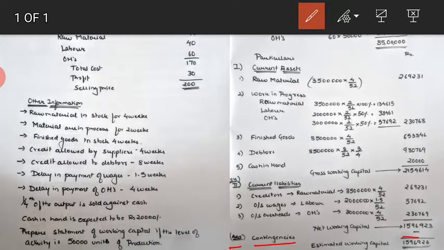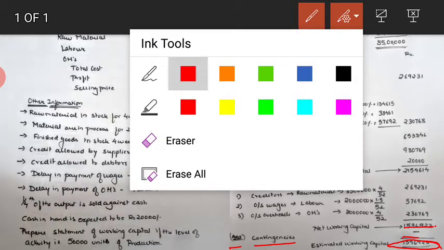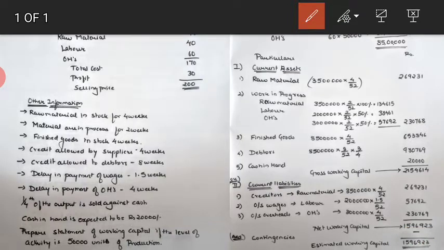We do not have any contingencies. So whatever is your net working capital becomes your estimated working capital. So your estimated working capital is 15,96,923. So this is how we calculate working capital when cost structure or cost sheet is given.